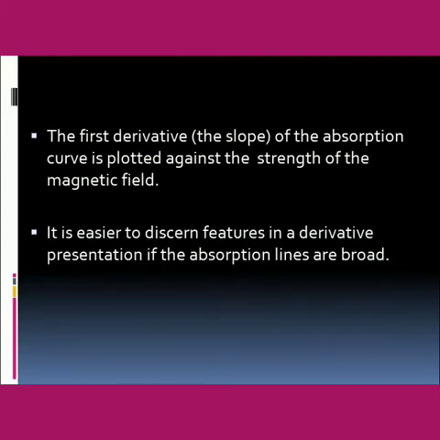The first derivative, that is, the slope of the absorption curve, is plotted against the strength of the magnetic field. It is easier to discern features in the derivative presentation if the absorption lines are broad.